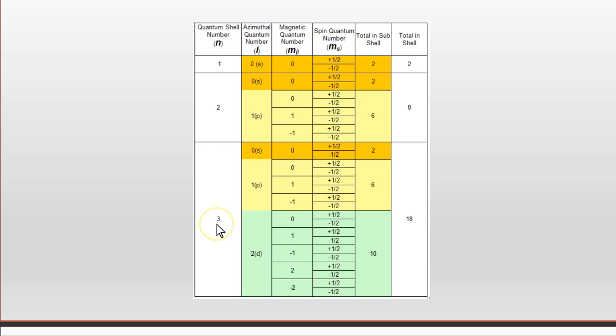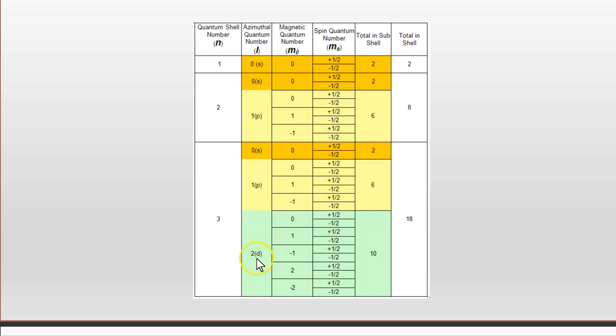With n equals 3, L can range from 0, 1 to 2. When L equals 2, that is called a D shell. S, P, and D are names that come from spectroscopy.